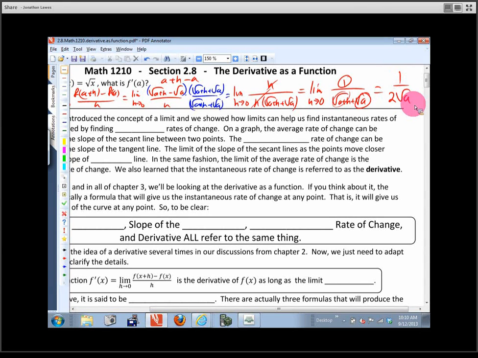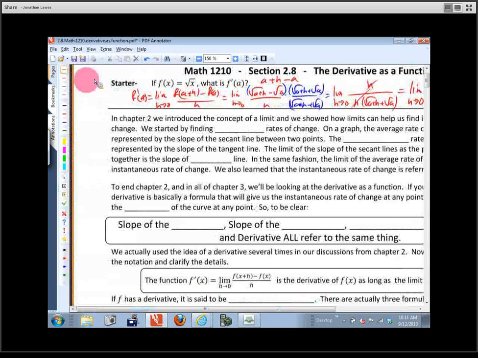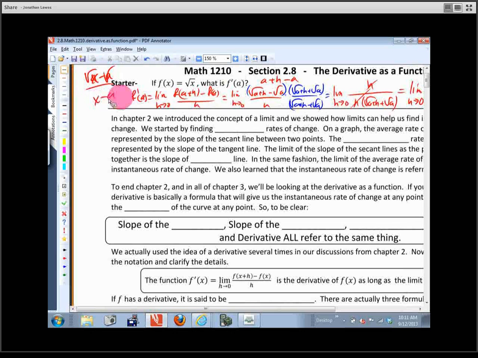Okay, and there were several people who approached the problem differently. Sorry, I did it with the other one, as x approaches a, and I think it was a little bit faster for this particular problem, because you're good at factoring, right? Yeah. So Juan's trying to point out that he did it this way: square root of x minus square root of a over x minus a, and he said that was faster.